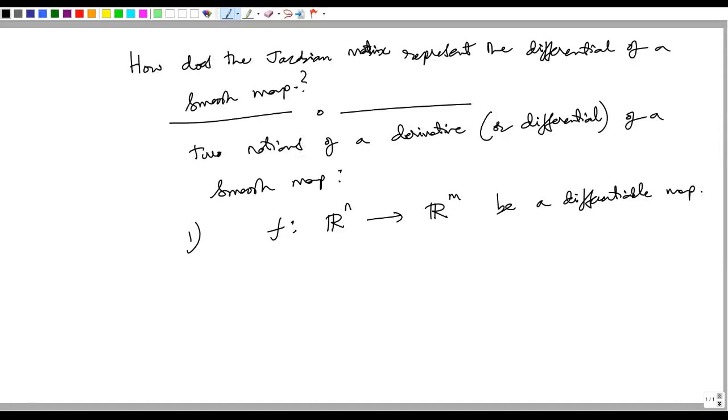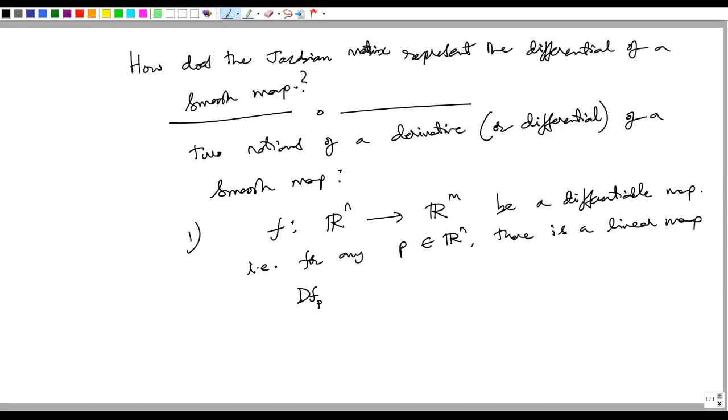That is, for any p in R^n, there is a linear map. This is the way we define differentiability of a map between Euclidean spaces. There is a linear map which we called capital DF or small df when I started the course. For manifolds, small d. In that case, for Euclidean space, it was capital DF at p.